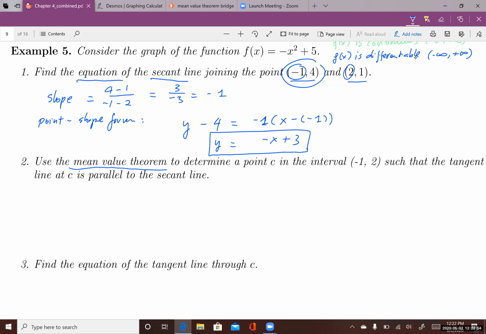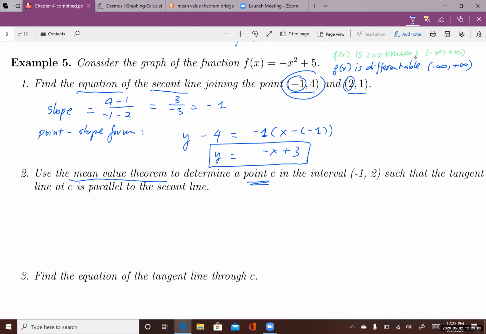We need it because we need to know the existence of the point C. Because f of x is already continuous on this interval and also differentiable on this interval, by the mean value theorem, there exists a point C on this interval such that the tangent line at C is parallel to the secant line. So the mean value theorem guarantees us a point.